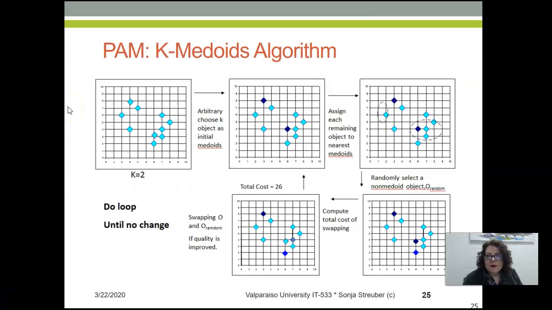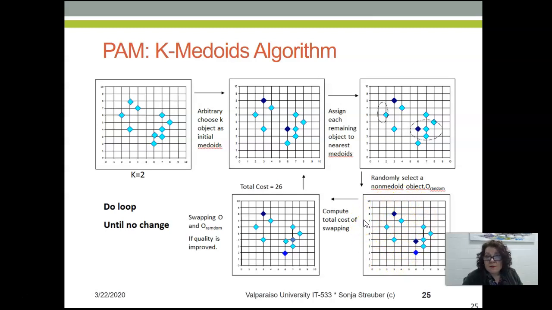So kMedoids operates in a very similar fashion to k-means. But where in k-means random centroids are being deployed, in kMedoids an arbitrary object is being chosen in the data space as the initial medoid. Then all the remaining objects are assigned to the nearest medoids instead of the centroids. Then we compute the distance from each medoid to the assigned objects to ensure that the medoid is in the correct position.